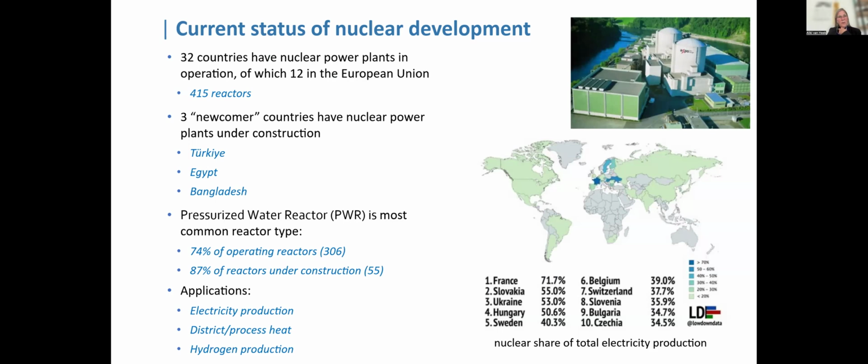The pressurized water reactor is the most common reactor type. It's 3/4 of the operating reactors and almost 90% of the reactors under construction. And applications, well, obviously electricity production, but as secondary energy products, also district heat and process heat, and even hydrogen production is not only future. Next slide, please.